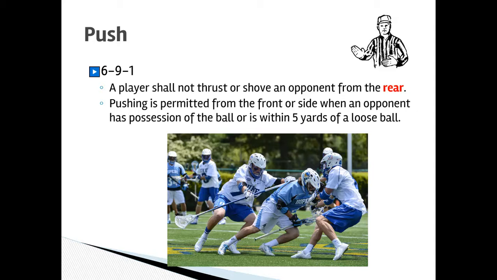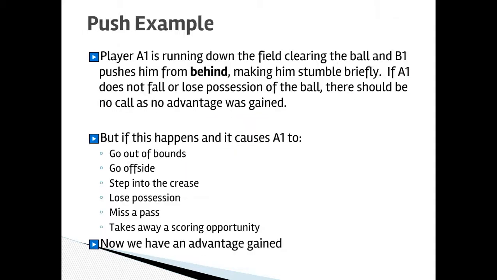Now, as far as advantage and disadvantage goes, I'm going to give us an example. We have A1 running down the field, clearing the ball, and B1 pushes him from behind, making him stumble briefly. If A1 doesn't fall or doesn't lose possession of the ball, then A1 wasn't disadvantaged. B1 gained nothing from pushing him from behind, so we should pass on those.